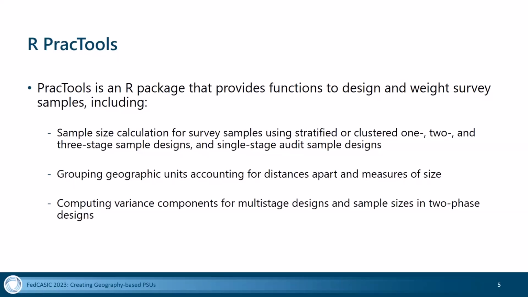PracTools is an R package that provides functions to design and weight survey samples. It includes sample size calculation. It includes grouping geographic units, accounting for distances apart and measures of size. That's what we'll be talking about here. And also variance components for multi-stage designs.